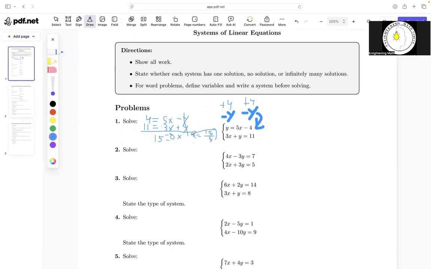And we can do that by using, let's use the top equation here. So y equals 15 over 8 times 5.